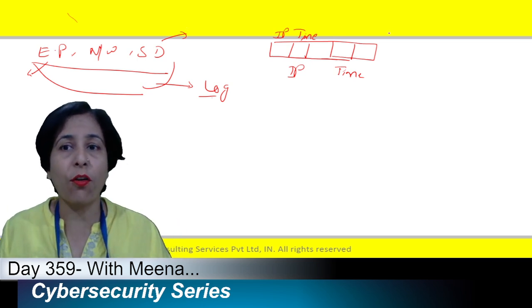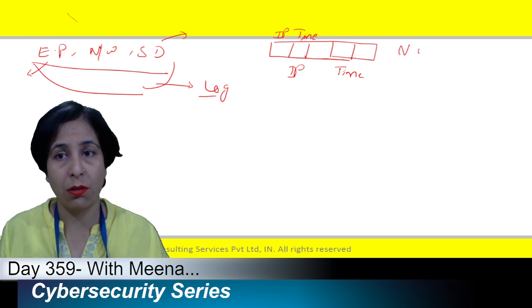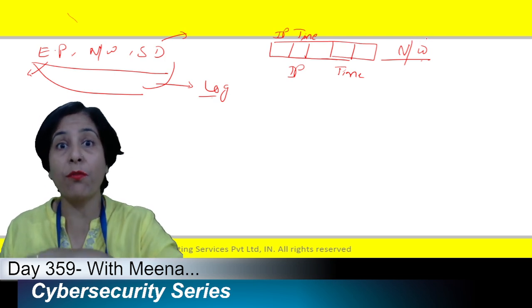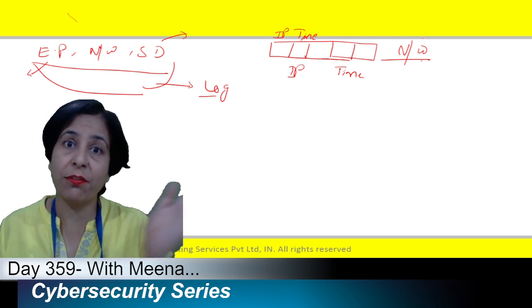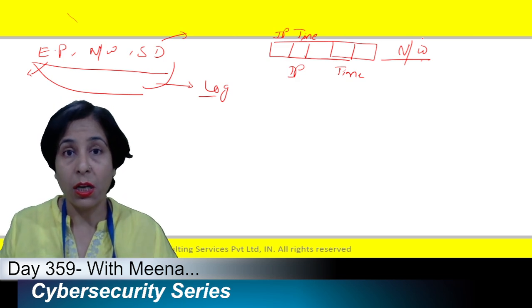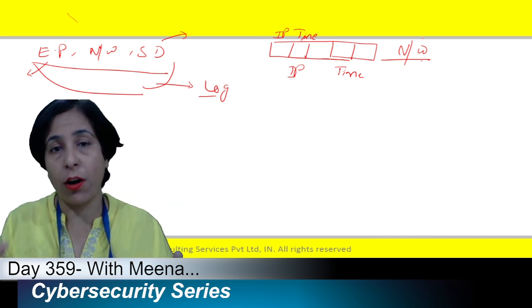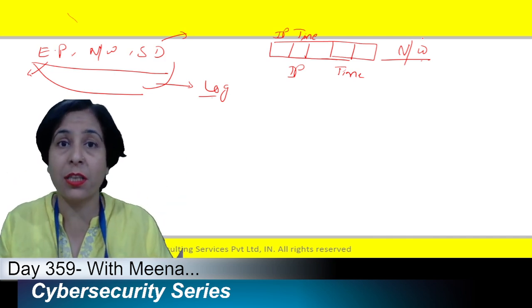So a number of different networks and applications are generating different kinds of logs. It's a bombardment of a variety of logs on your SIEM.